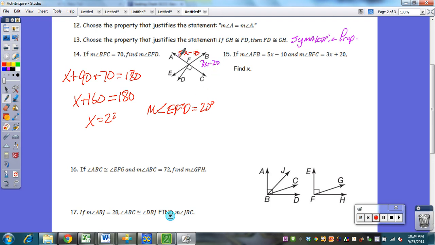Well, again, I'm looking at a linear pair. So when I add these together, they will equal 180.